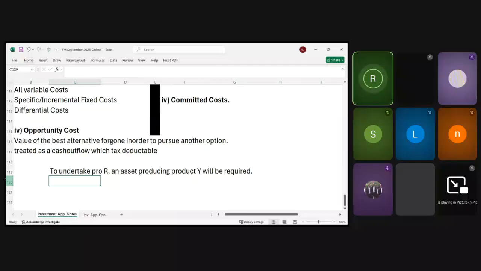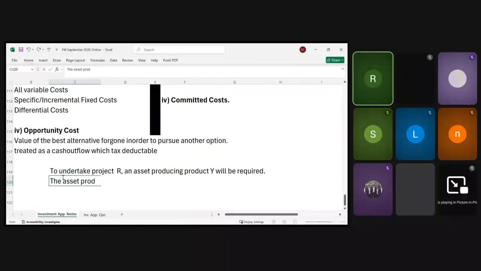In order for us to undertake project ARA, we have another project where we are producing product Y. So we are going to withdraw a machine from Y so that we undertake project ARA. What does that mean? It means that we are going to stop producing Y units.